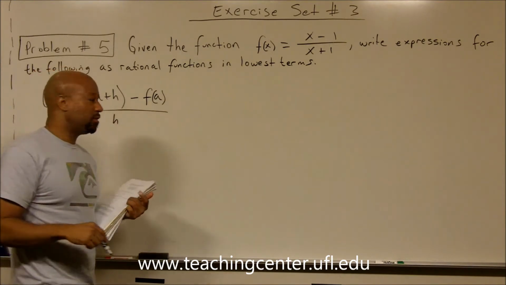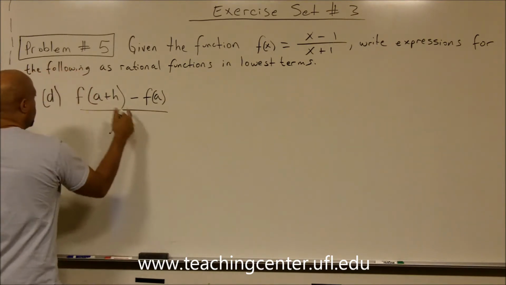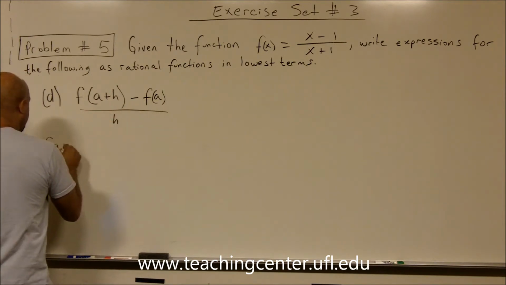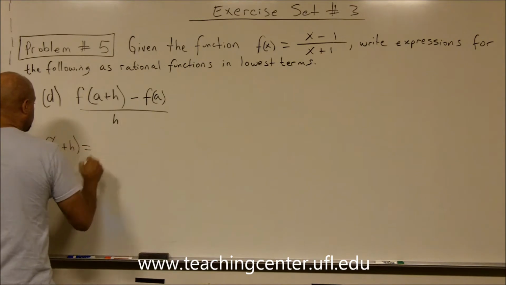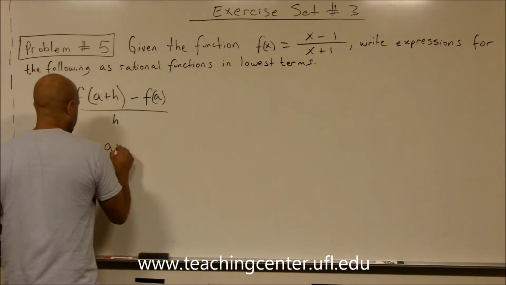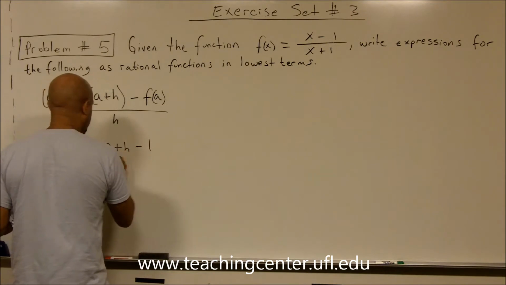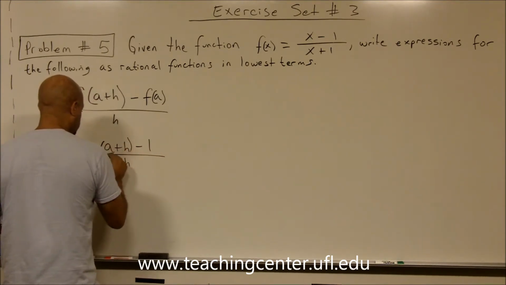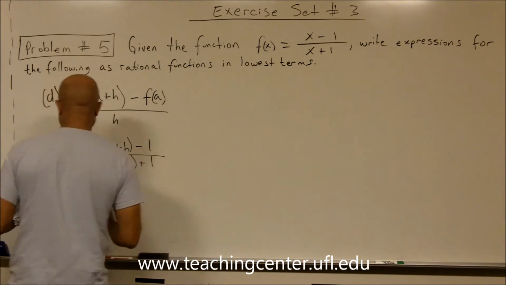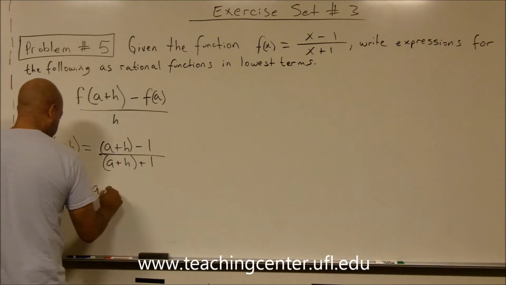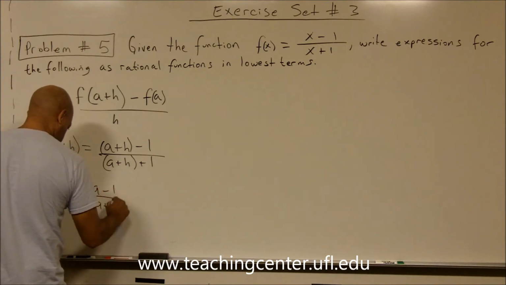And just as we did before, we're going to subtract f of a from f of a plus h, where f of a plus h, substituting a plus h for everywhere we see x in the given function, we have a plus h minus 1 over a plus h plus 1, and f of a is going to be a minus 1 over a plus 1.